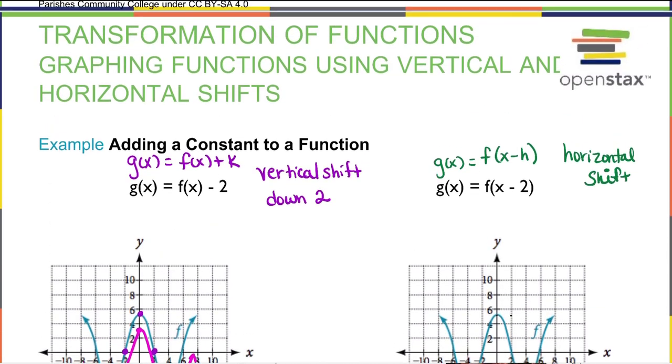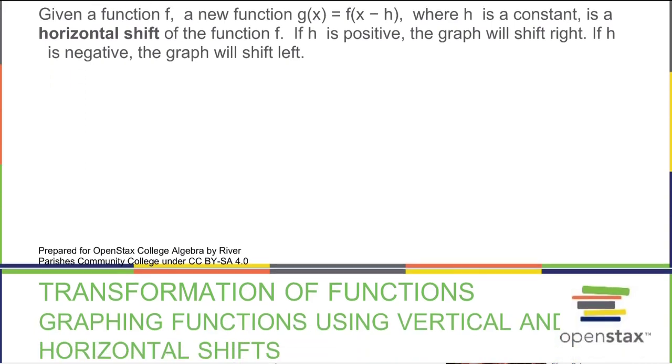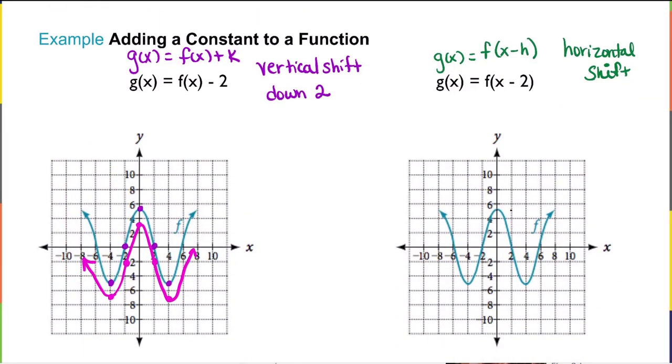So let's just go back up and show you this part. It says if h is positive, the graph will shift right, and if h is negative, the graph will shift left. But the formula is x minus h. So what's happening here is x minus 2, the h is positive 2. I'm subtracting a positive 2, so I'm going to shift to the right.